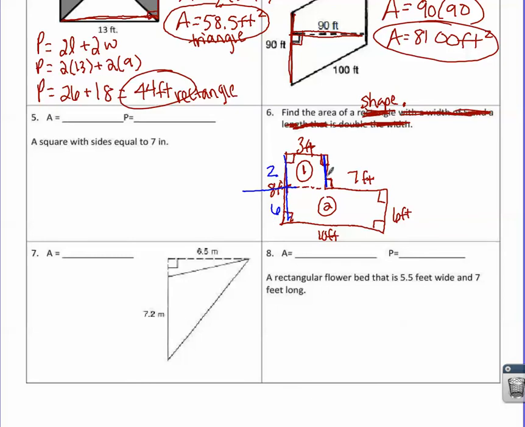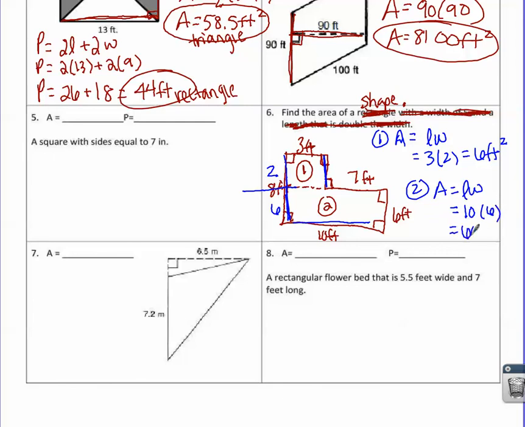So this rectangle here is 3 feet by 2 feet. So the area of rectangle 1 is going to be 3 times 2 to give you 6 feet squared. And the area of rectangle 2 is going to be 6 feet tall by 10 feet long to give you 60 feet squared.